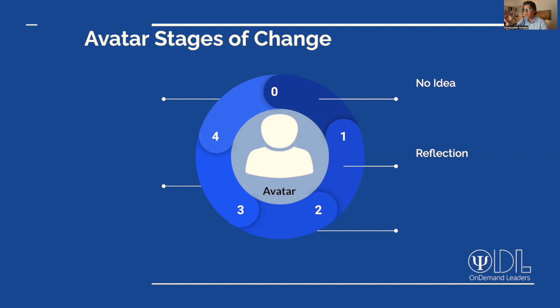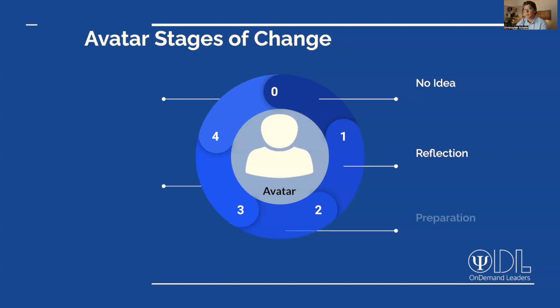So now we move into reflection. So something has happened here that has moved your buyer, being an individual or a company or a group of people within a company, to reflect. Something has triggered them to look at, I wonder if we have a problem. I wonder if we have a similar issue here. And so they look internally and they're deciding, this is pre-change, way pre-change, but they're deciding, is it worth us investing any more time?